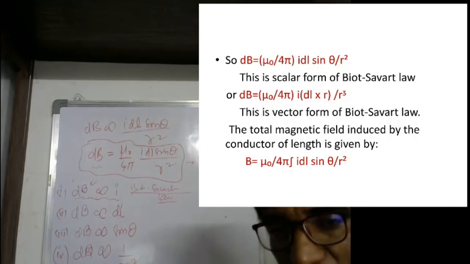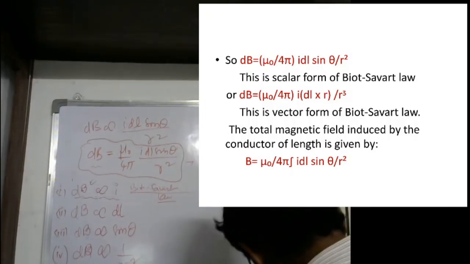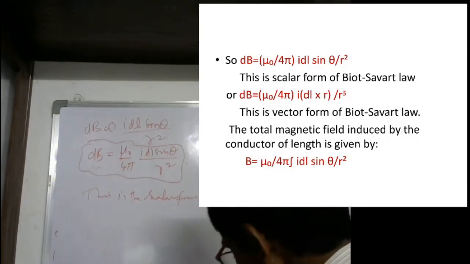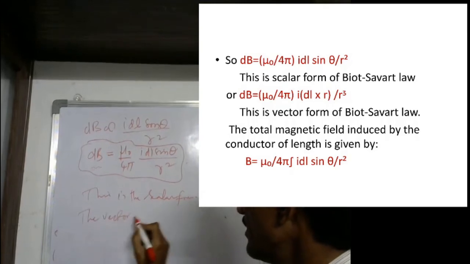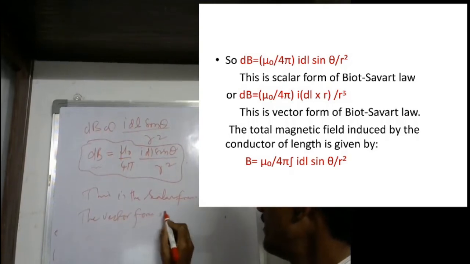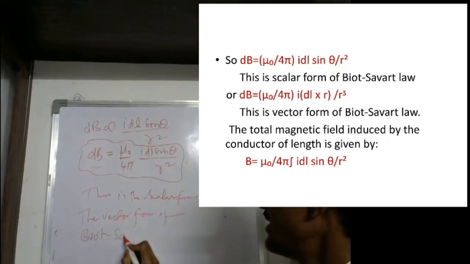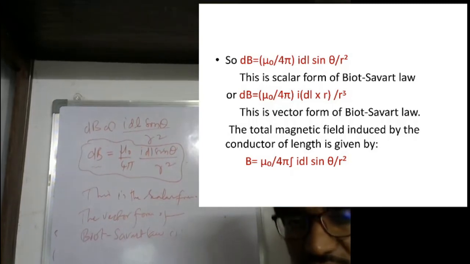Okay, what is the vector form of Biot-Savart law? The vector form of Biot-Savart law is, okay, how to convert it into the vector form?